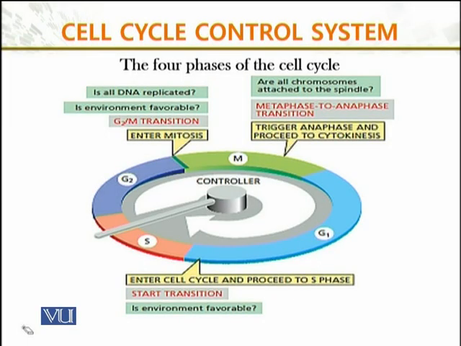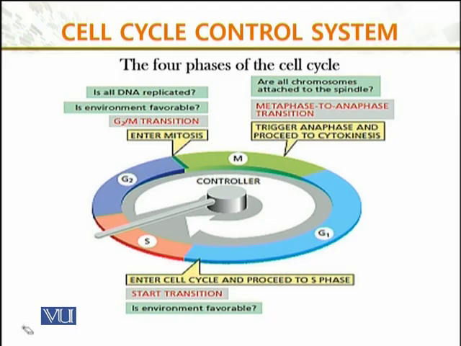In this cartoon, these whole steps have been indicated at different points. For example, the cell system asks at the metaphase to anaphase transition whether all chromosomes are attached to the spindle. Then there comes the G1 gap, and then the S phase.